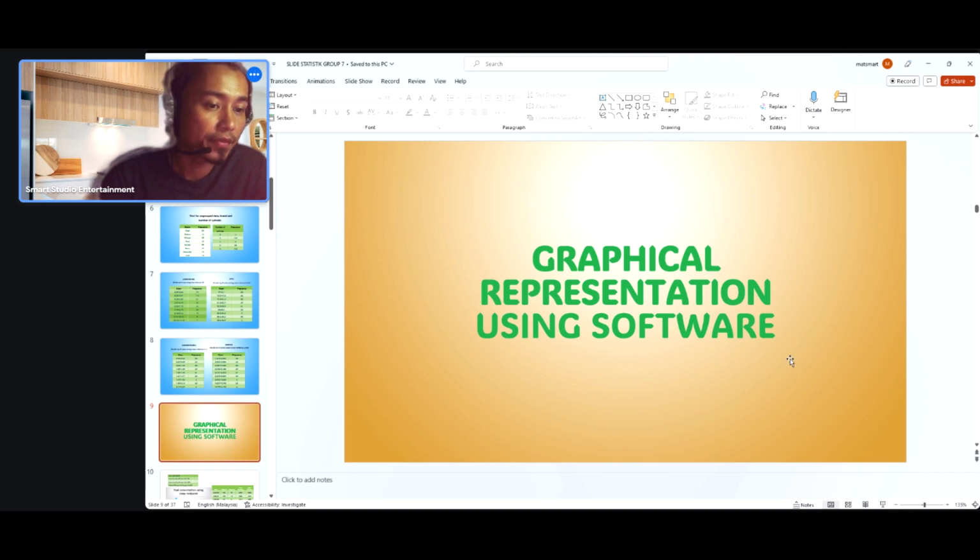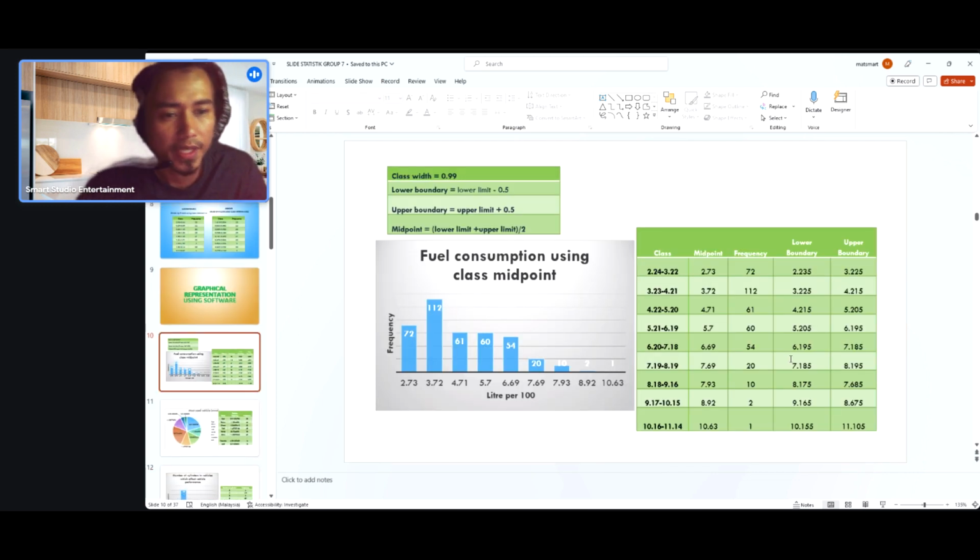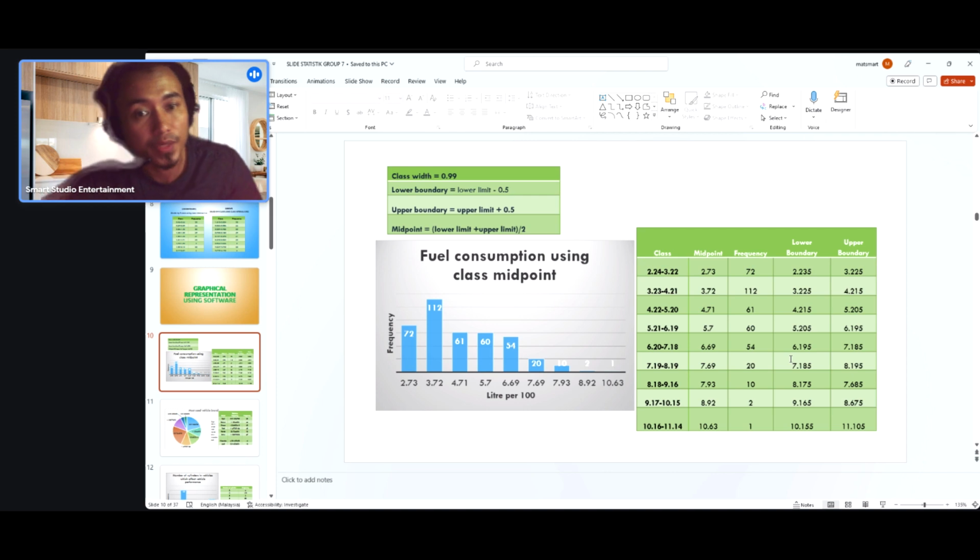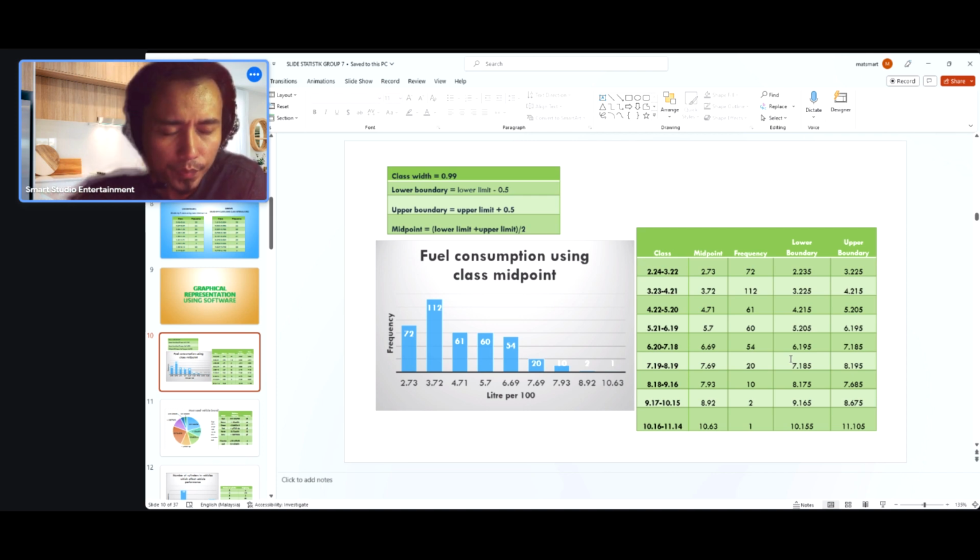Okay, then that's the graphical representations using software. The class width equals 0.99, lower boundaries equal lower limits minus 0.5, upper boundaries equal upper limits plus 0.5, and midpoint equals lower limit plus upper limit divided by 2.